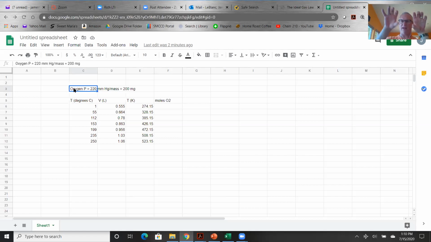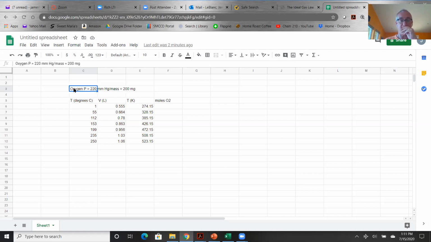How do I convert milligrams to grams? How many milligrams in a gram? 1,000. So do I multiply by 1,000, or do I multiply it by 1/1,000? 1/1,000, because it's 1 gram on the top and 1,000 milligrams on the bottom.